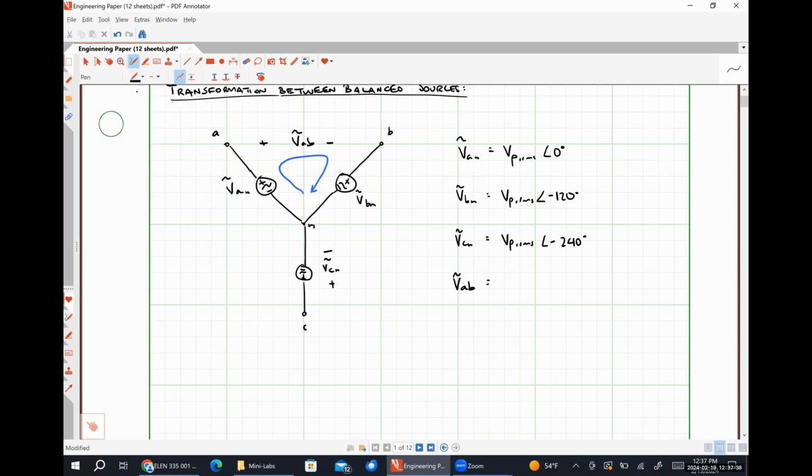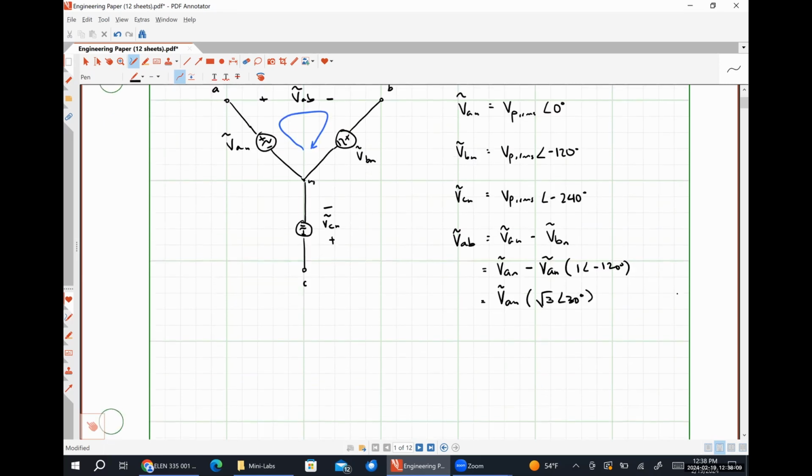And what we'll find is that VAB is equal to VAN minus VBN, which is the same as VAN minus VAN times 1 angle negative 120 degrees, which just comes out to VAN times root 3 angle 30 degrees.